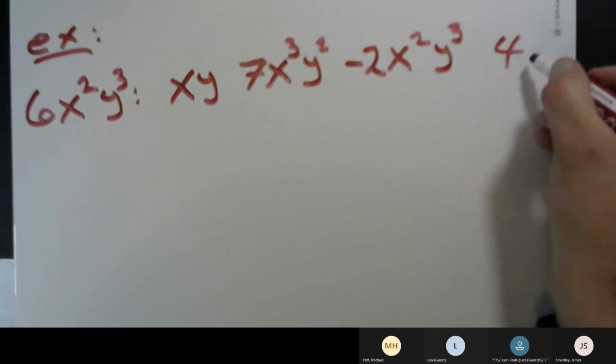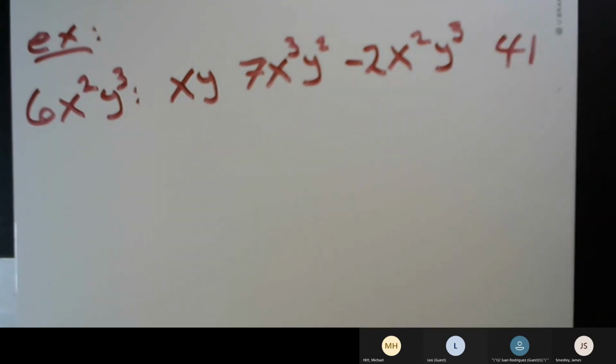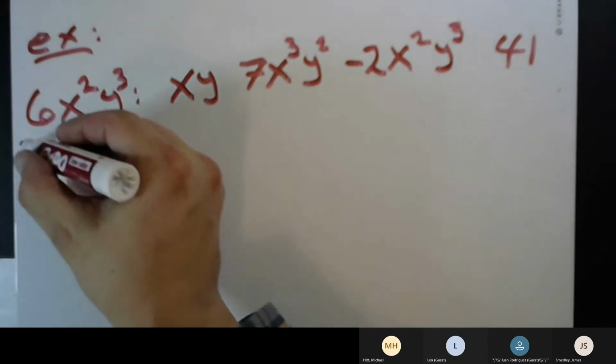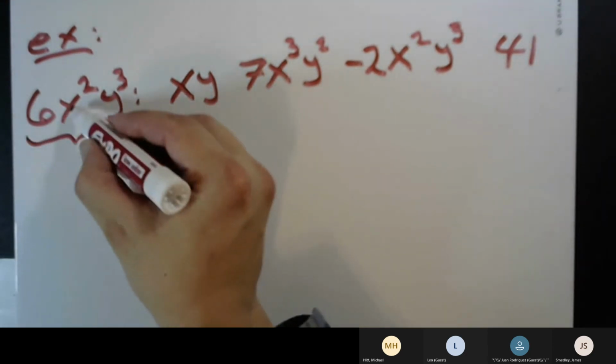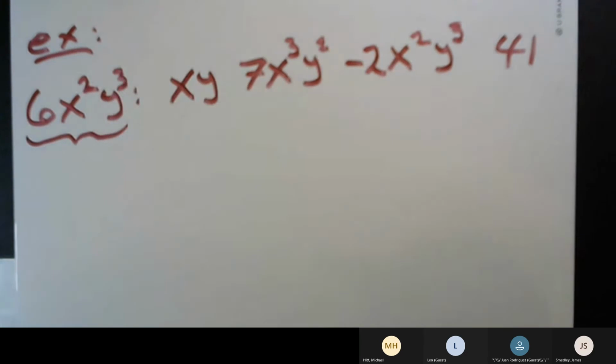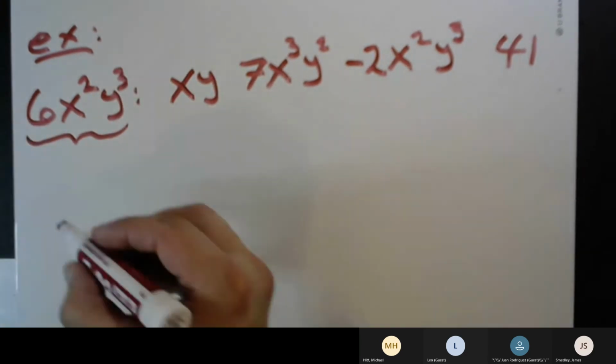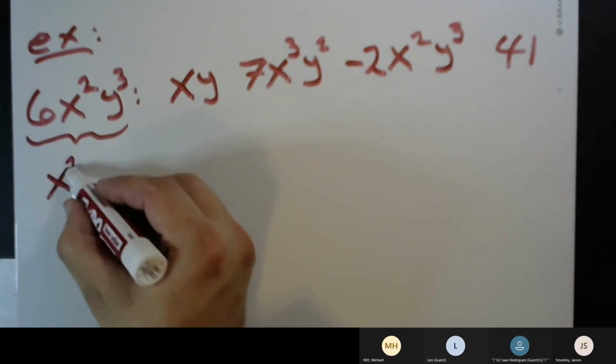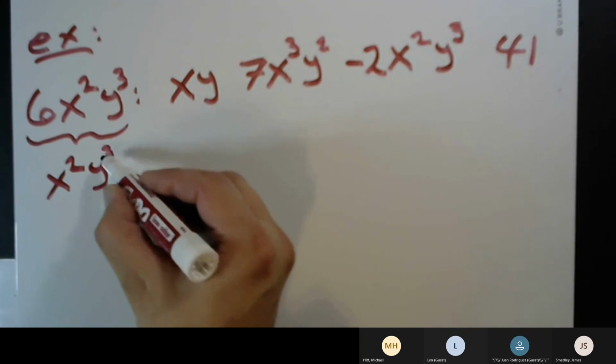And 41. So let's take a look at these in terms of type. Again, just looking at the variables and their exponents. We ignore the number in front. This is type x squared y cubed.